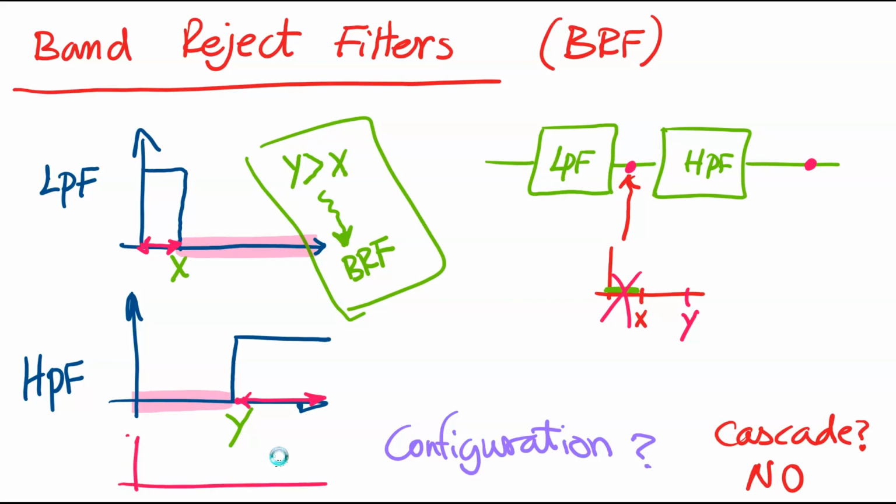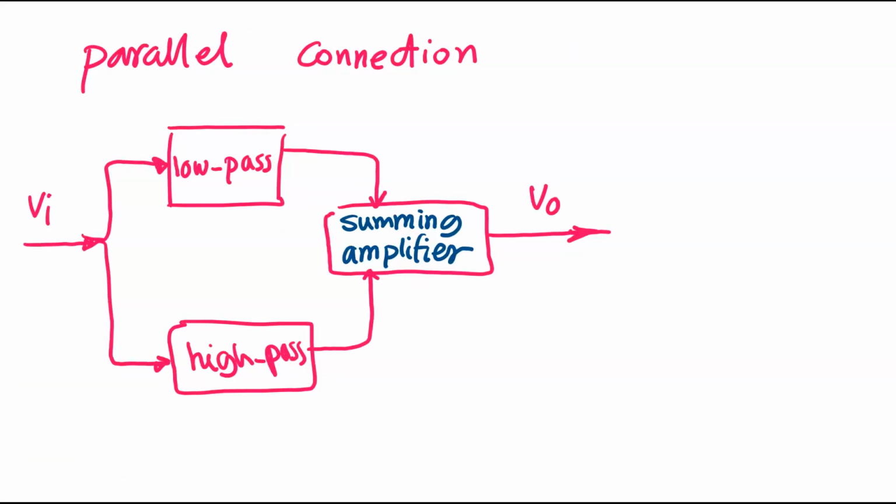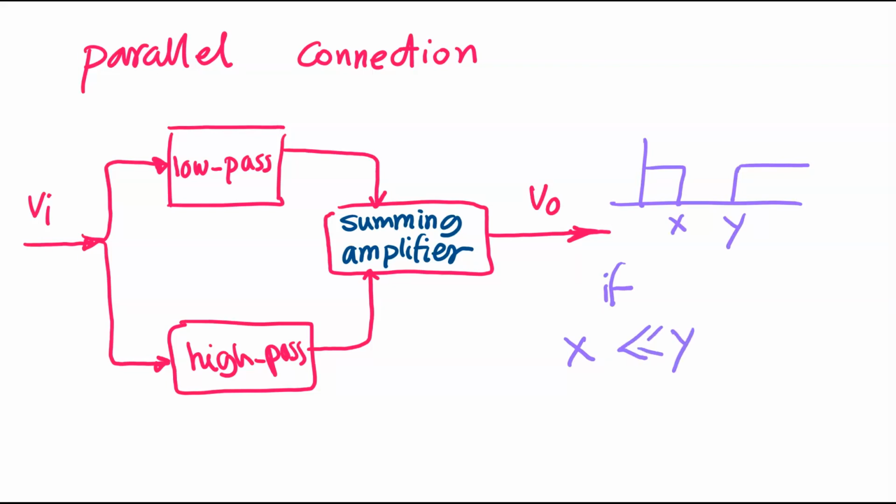So my band reject filter is able to pass frequencies smaller than X, and that's possible through the low pass filter, and frequencies greater than Y by going through the high pass filter. So at the end, what I have here at my output is going to be a band reject filter, which has cutoff frequencies close to X and Y if X is much smaller than Y.